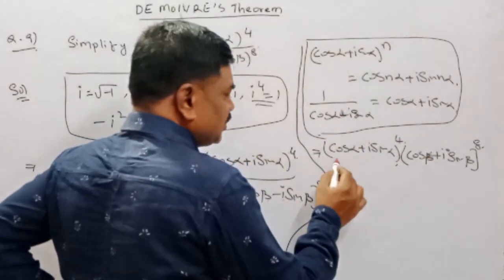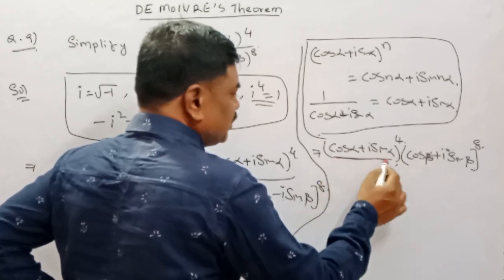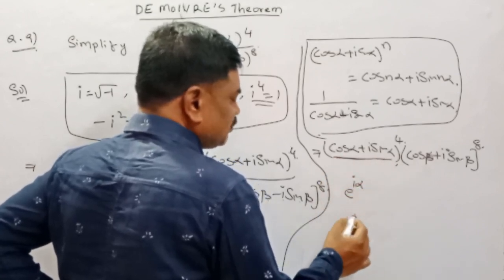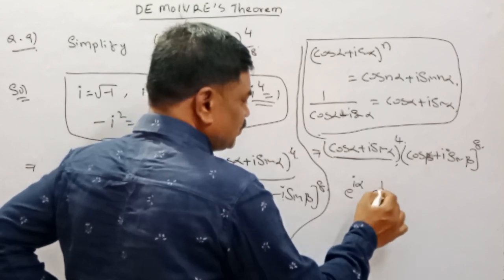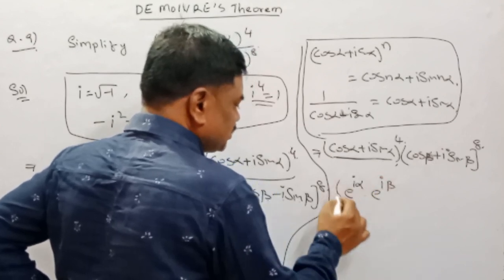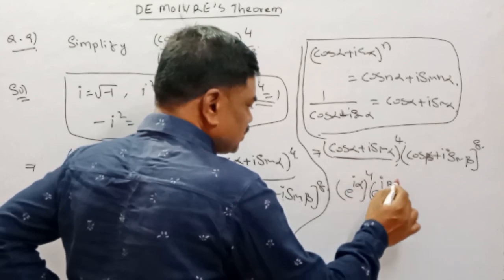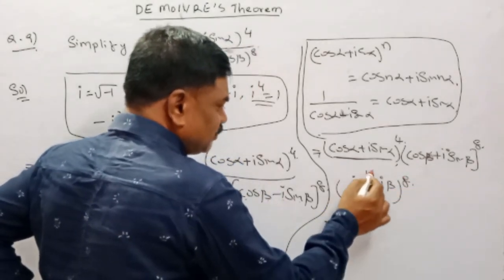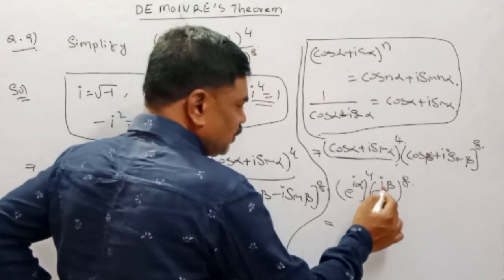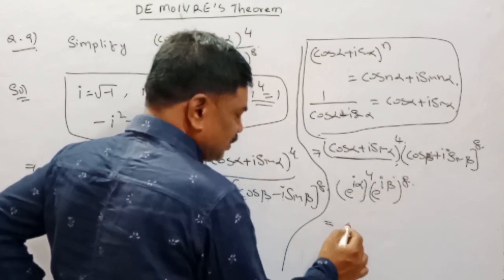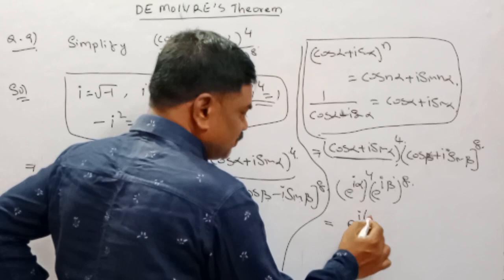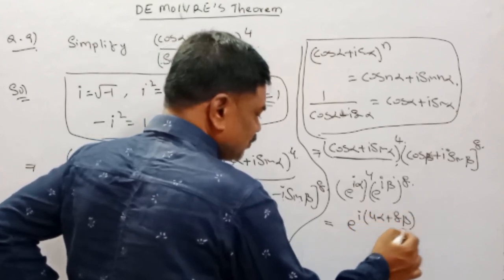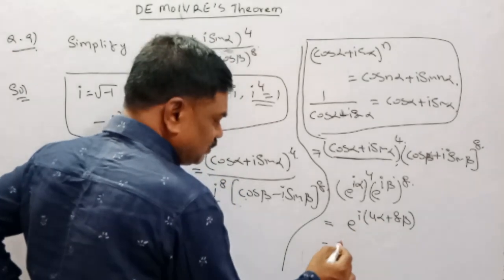So here this can be written in Euler form as e power i alpha into e power i beta, whole power 4 and whole power 8. Then e power i alpha whole power 4, e power i beta whole power 8, is e power i of (4 alpha plus 8 beta). So this is the general form.